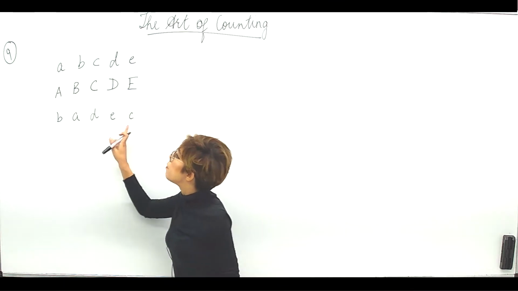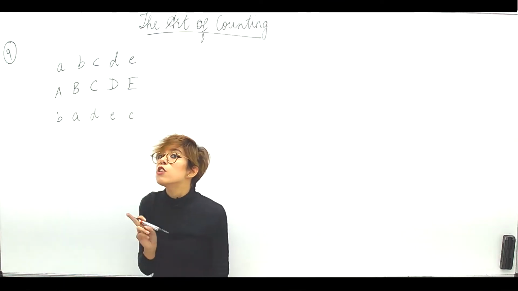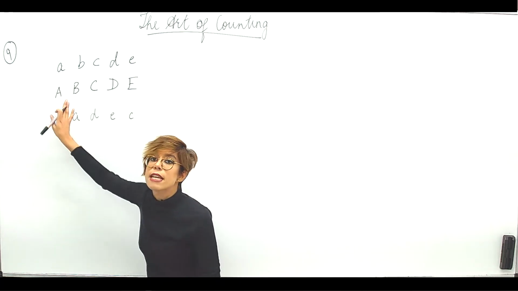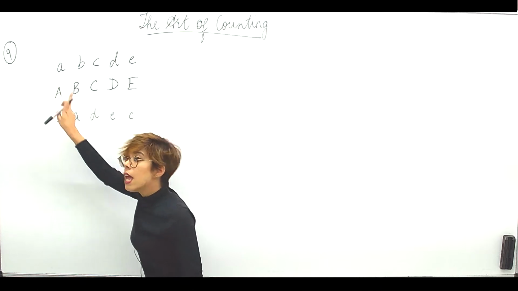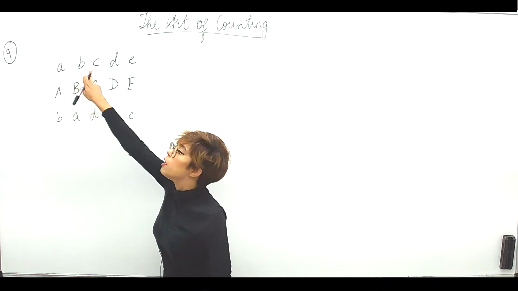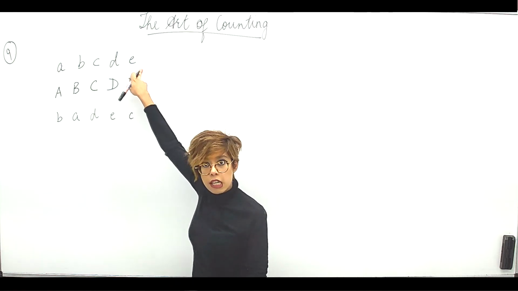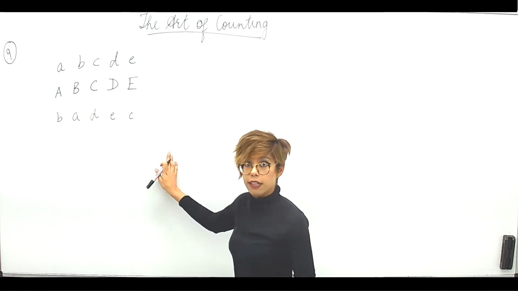So in this way, I have made sure that none of the balls goes into the carton of the same color. B went into A, A went into B, B went into C, E went into D, and C went into E. This is one of the ways of it, right?